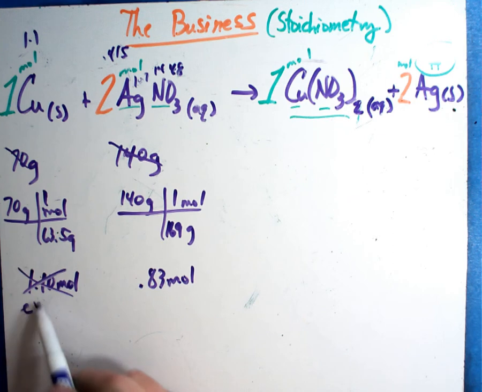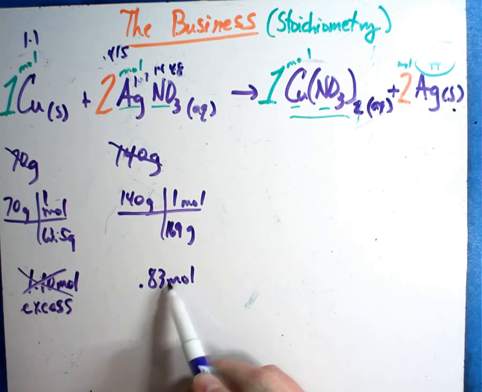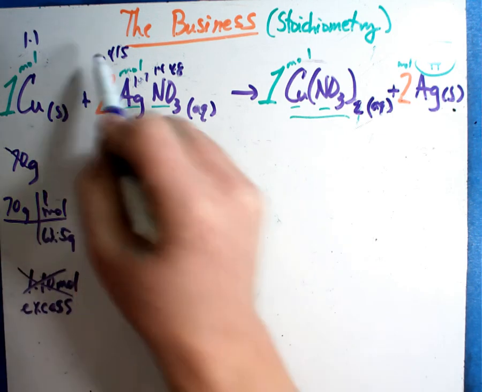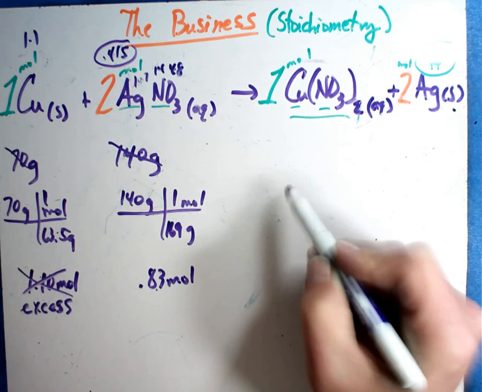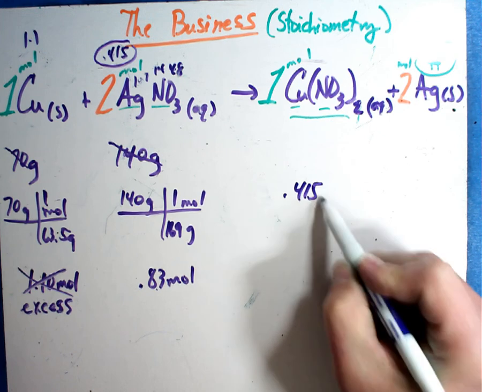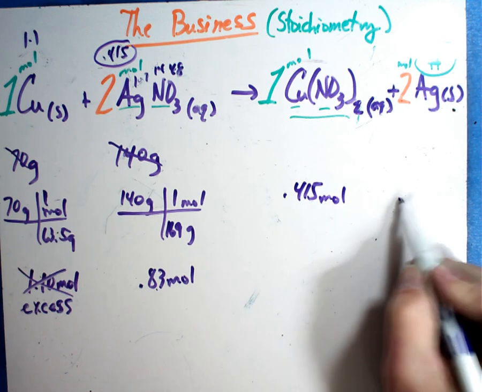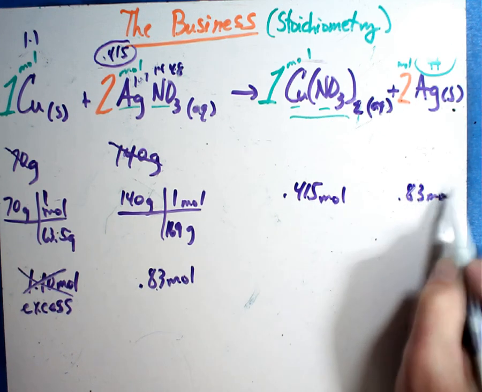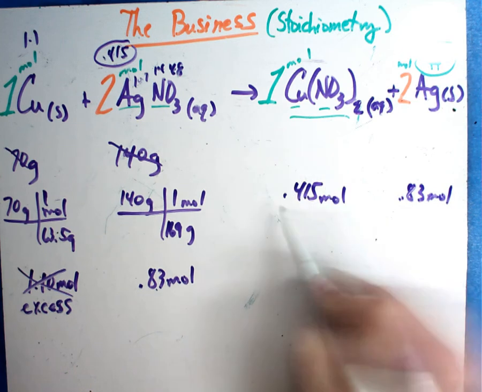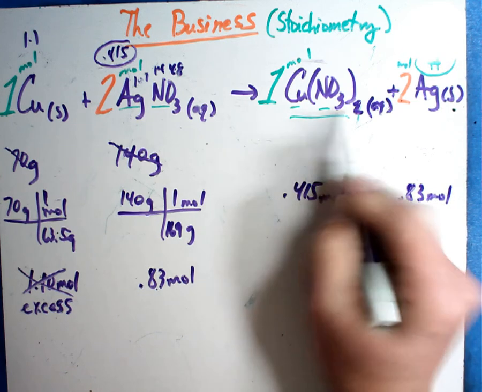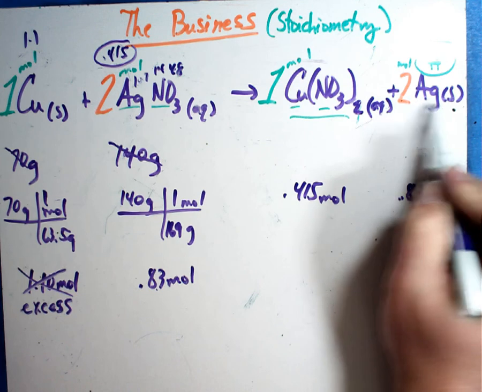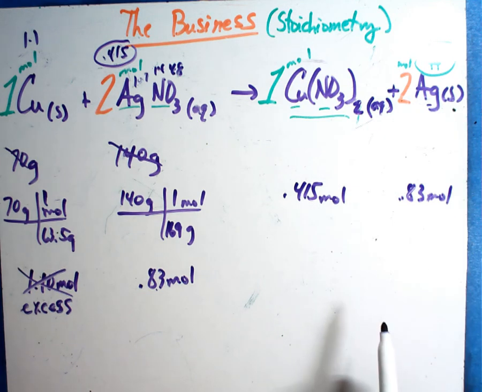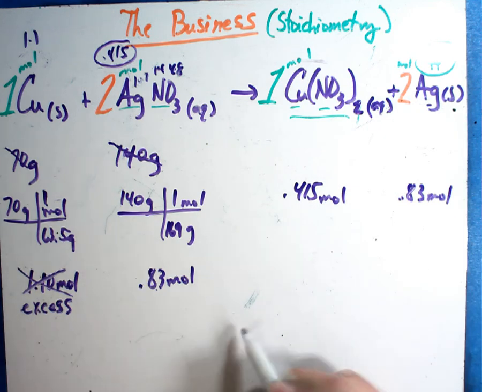There's my excess. I would take this number and calculate everyone else. This is the change, 0.415 times 1 is 0.415 moles, and times 2 is 0.83 moles. If I had to have that in grams, I could railroad track that using that weight. If I had to have this in grams, I would use this weight, and I can do any of the math.